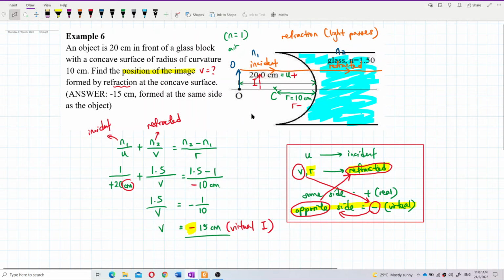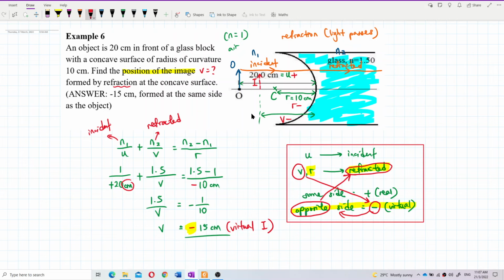Okay, so let's draw it out. So image distance, let's draw. So this is the V. This V is negative.